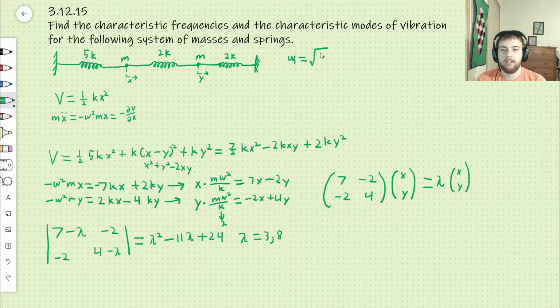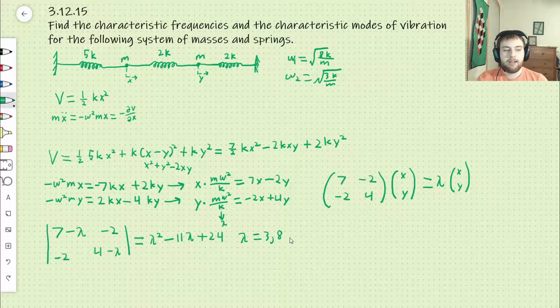So our first characteristic frequency is the square root of 8k over m, and our second one is the square root of 3k over m.